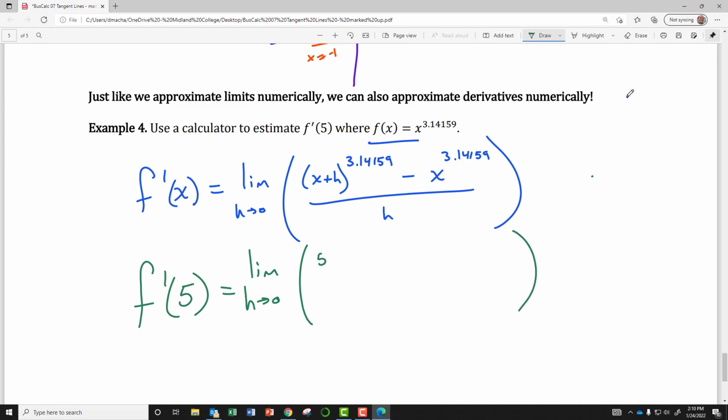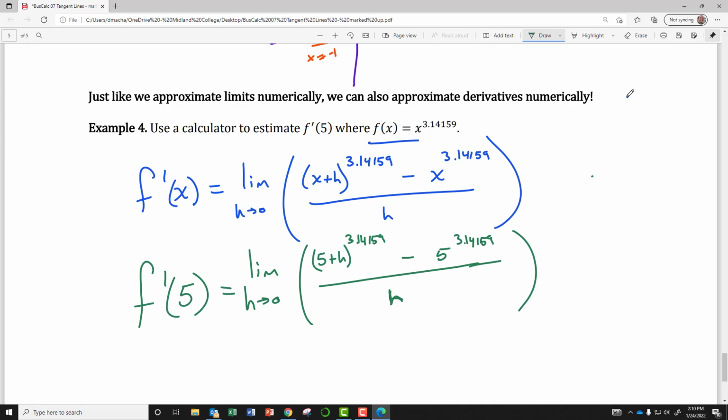So where x is equal to 5, this is going to be (5 plus h) to the power 3.14159 minus 5 to the power 3.14159, divided by h.